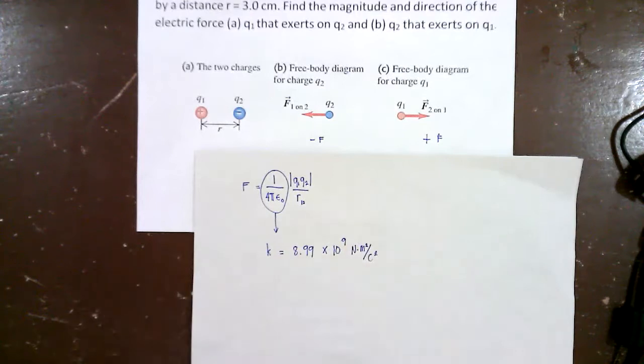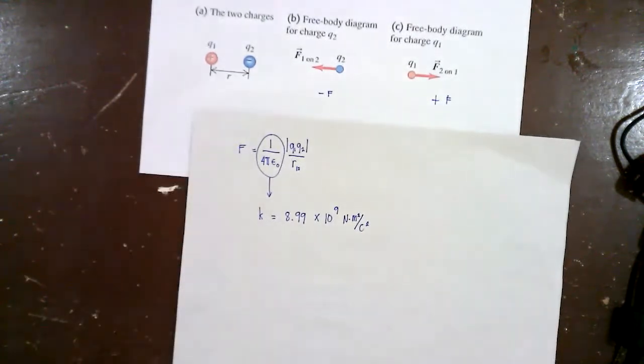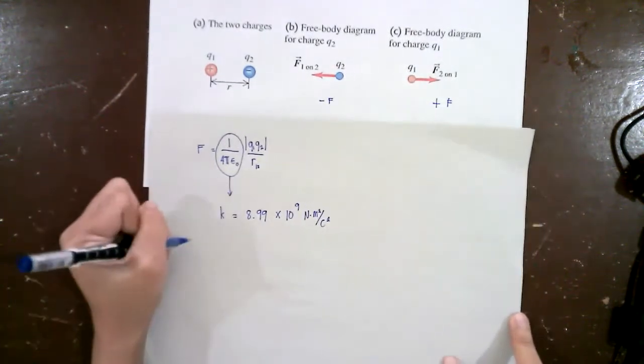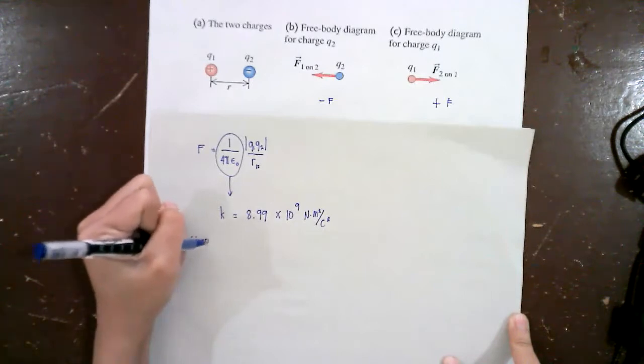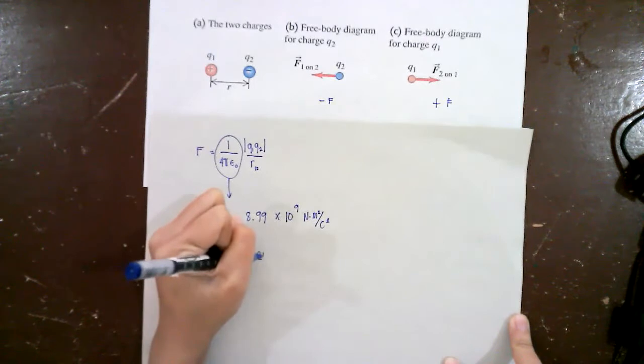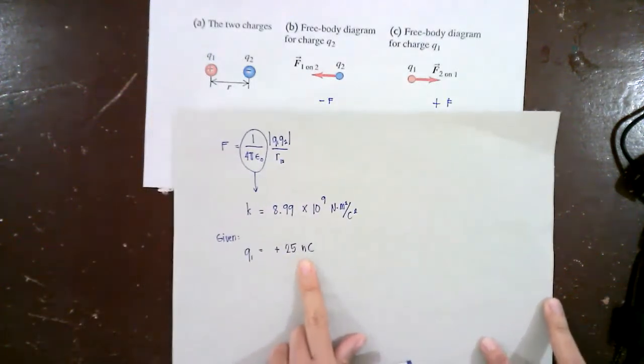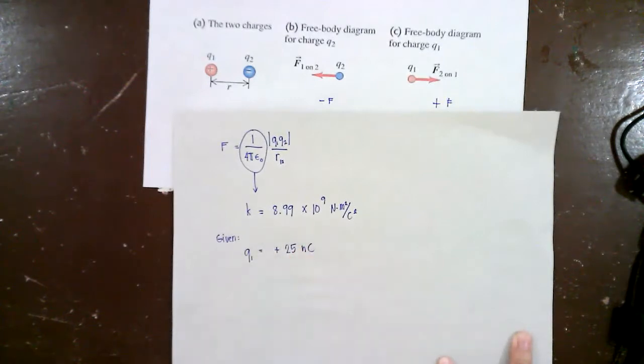So in this example, we are going to use the 8.99 times 10 raised to 9 Newton meter squared over C squared. So here, we will write the given. The given in the problem is the charge for Q1, positive 25 nanocoulomb. If you see this small letter n here, this is equivalent to times 10 raised to negative 9.